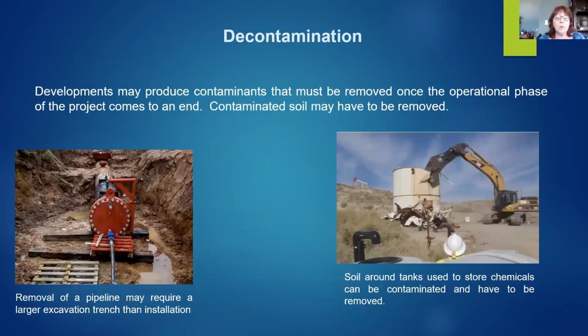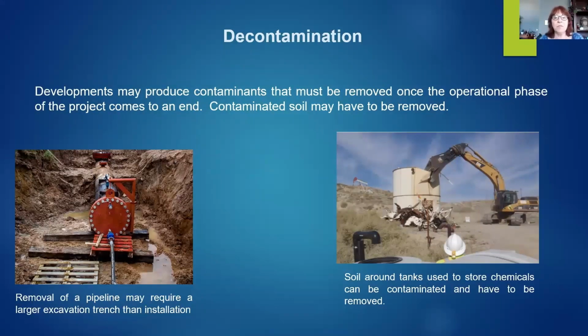Just briefly, when I say decontamination, we could have a pipeline or even a storage tank. When they were installed, obviously there would have been some impacts. The pipelines were underground, so they would have had to dig a hole and install the pipeline.